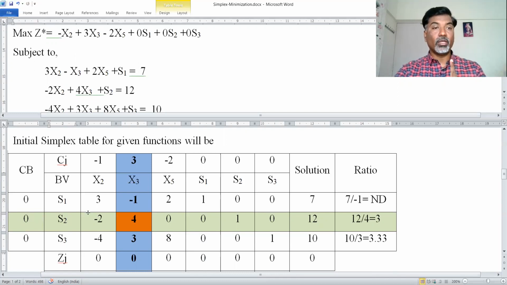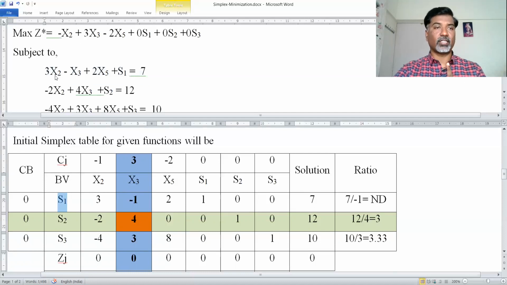Now we have to check in which constraint we have added s1 as a slack variable. This is my expression where I have added s1. Is there an x2 variable?